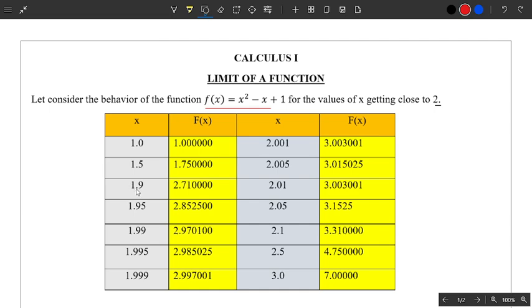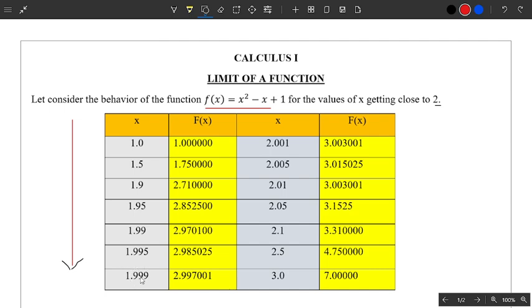When I put 1.9, this is what I'm going to get. Now you realize that as we move down, as the values of x are increasing, they are getting closer to a certain number.